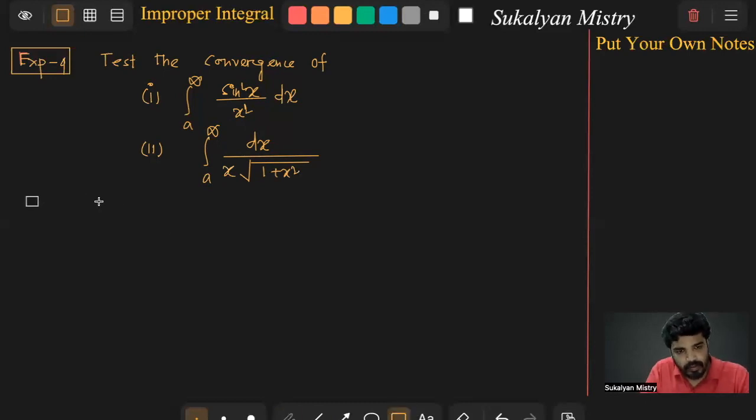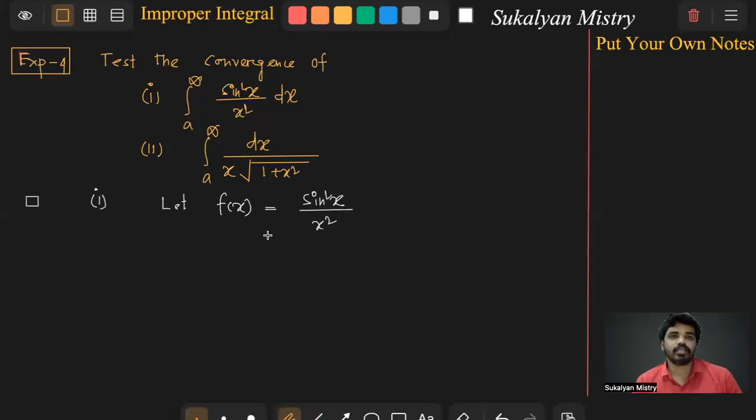Answer, number 1. So here the integrand, that is fx, is sine squared x by x squared. We know that sine squared x is always less than or equal to 1.